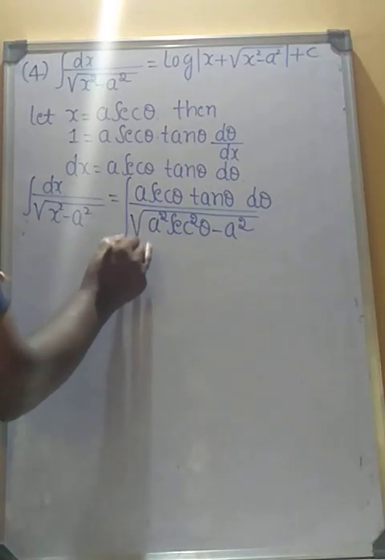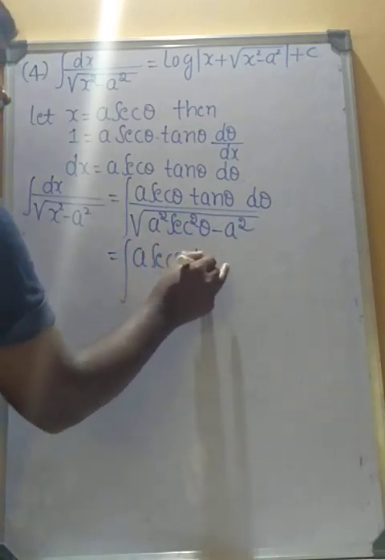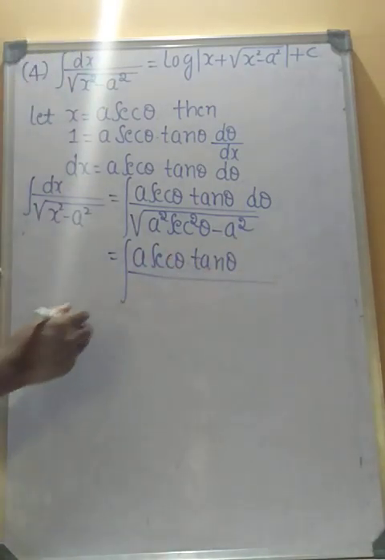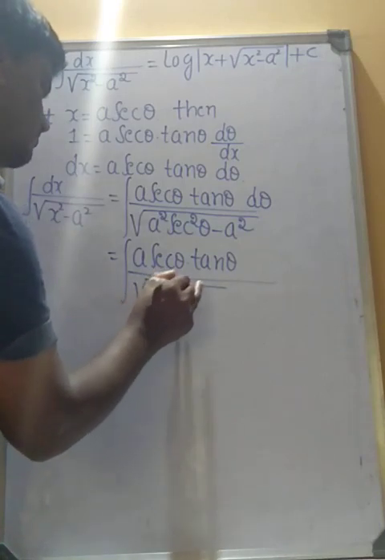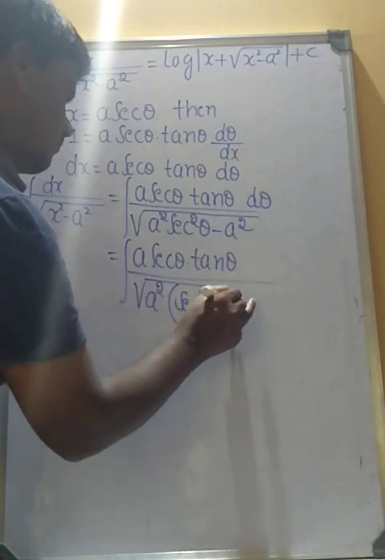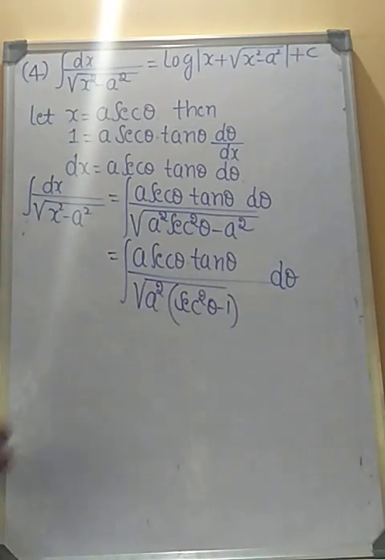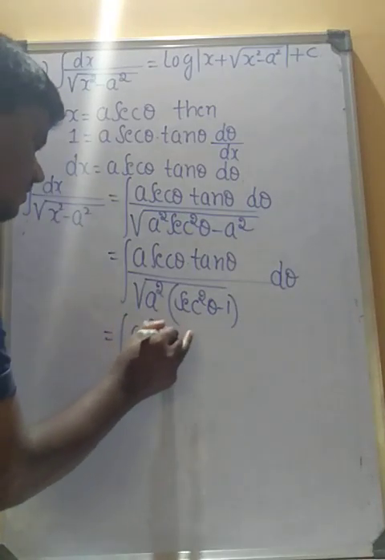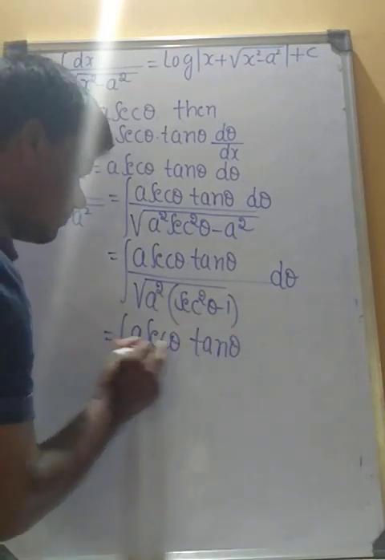That equals integral of a secant theta into tan theta dividing by root of a square, common, take outside, in bracket secant square theta minus 1 into d theta.